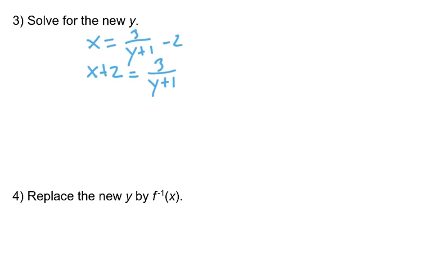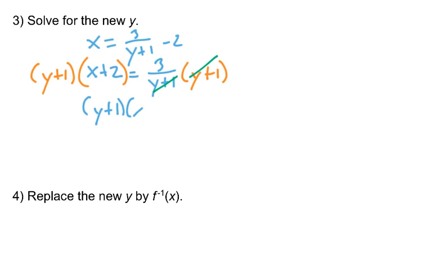I think it would be just fine, though, to multiply both sides by y plus 1. And again, this should remind you of things we've seen earlier in the course. With the goal, then, on the right, that the y plus 1s will divide out, and you'll have an equation that actually, frankly, looks a little bit on the nasty side, but it doesn't have any fractions. So that's better than nothing.